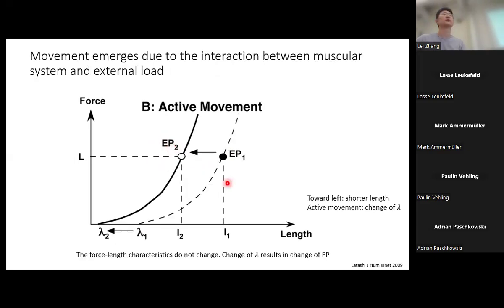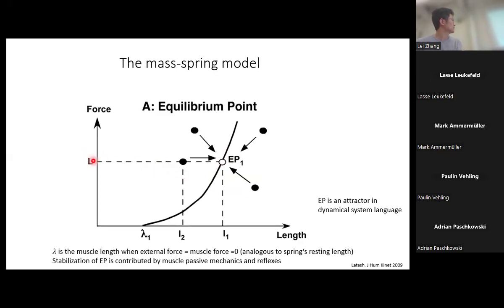Just a question. Force is the force with which the muscle is activated. It is not the force that is externally applied to it. In this case, for example, if you are at this location, this is a stable point, right? In this condition, the muscle force and the external force are the same.